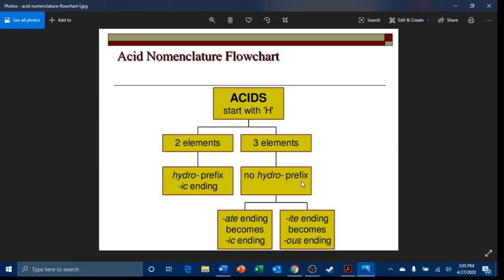There's no hydro, and it has the ate and the ic and the ite and the ous. So go ahead and try the other sheet that I'd already given you and see how that goes. The ones on the very end of that sheet are mixed. So that's just some ionic compounds practice. So those are not all acids. So don't let that confuse you.